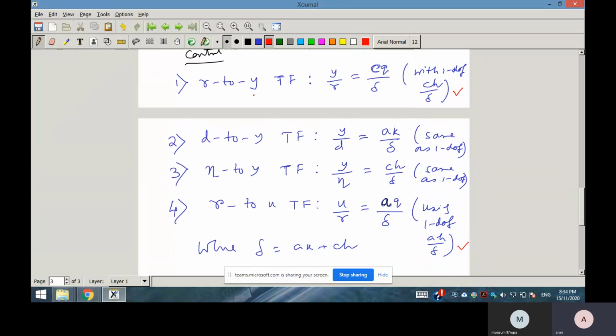Only the reference input to output characteristics are now changed. Once you have designed the closed loop poles, delta, then your H will become fixed, as well as K. Once you choose the closed loop poles, H and K will be fixed.